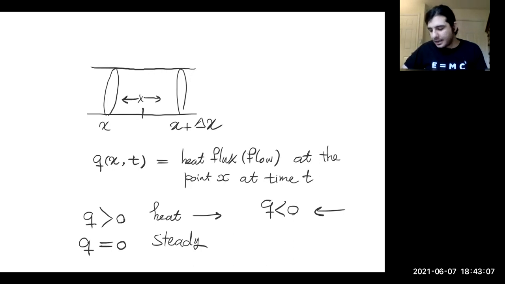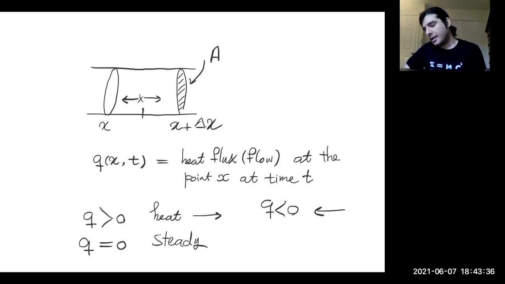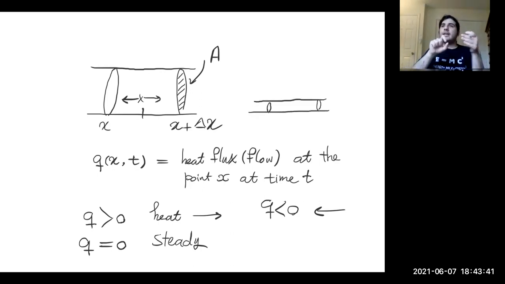Okay. And this Q, this flux, is defined per unit area. So for example, if we look at this cross section, this surface here, if the area is A, if this area is larger, we can have more heat going from one direction to the other. In contrast, if this cross section is very small, we can have less heat going from one point to the other.